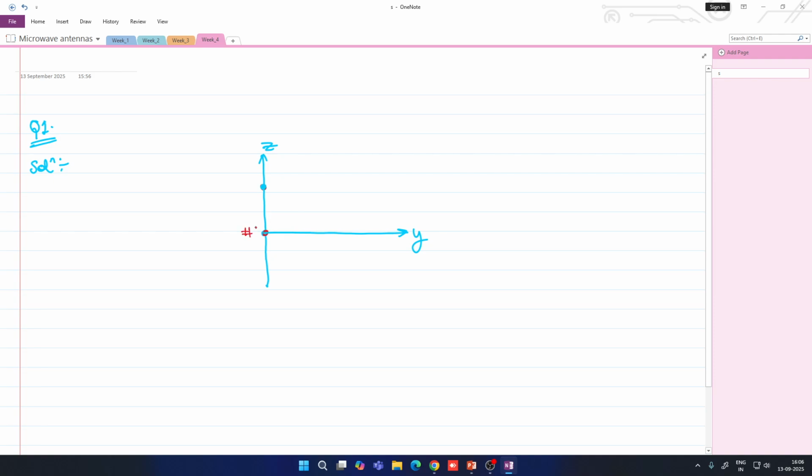So this is antenna number 1, antenna number 2, and this is antenna number 3. The excitation for antenna 2 is -1, antenna 1 is -j, and antenna 3 is +1. And the spacing between the individual elements is d.